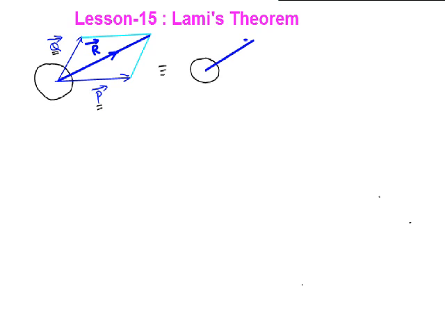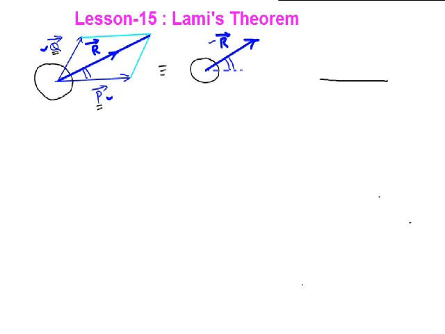So whether we say that two forces P bar and Q bar are acting on the object, or whether we say just one force R bar is acting on the object, it is the same. Of course, we need to maintain the same angle as shown at both these places. This fact we can represent on a force polygon, which we have already seen as shown here.